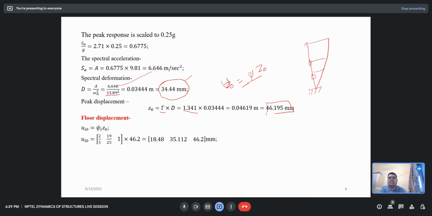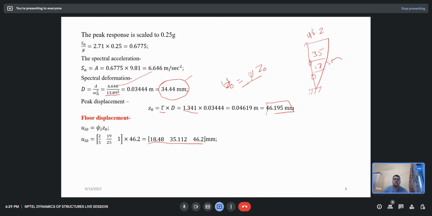If I multiply with this 46.2, I get this displacement. So the deflection at the top is 46.2 mm, this is 35 mm, this is around 18.5 mm. These are the peak displacements of the floors.